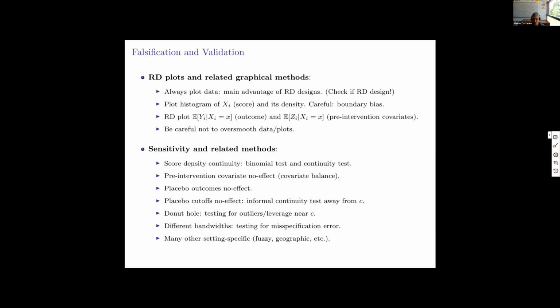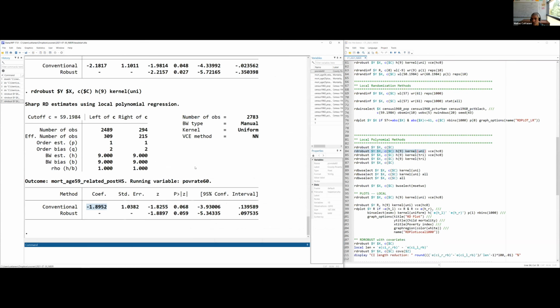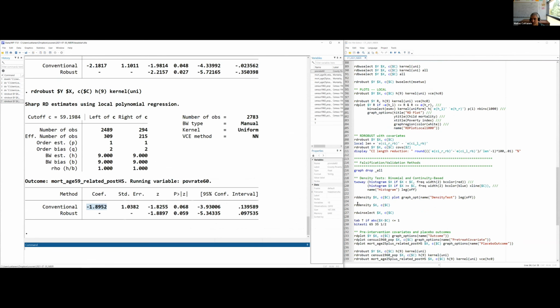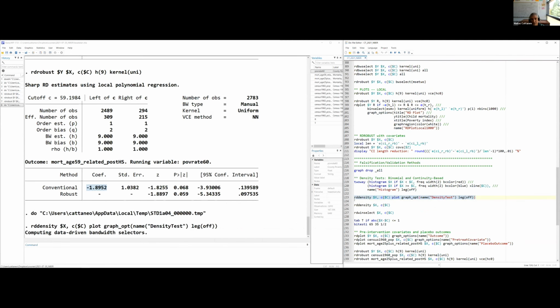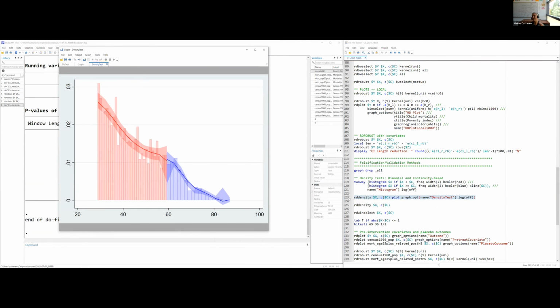And so there are different ways of doing that. I'll show you one very quickly, visually, because I think it's kind of cool to see. They just basically estimate the density of the score variable from the right and from the left, and they hope to see that there are no discrepancies, no surprises in terms of the number of units on either side of that cutoff.